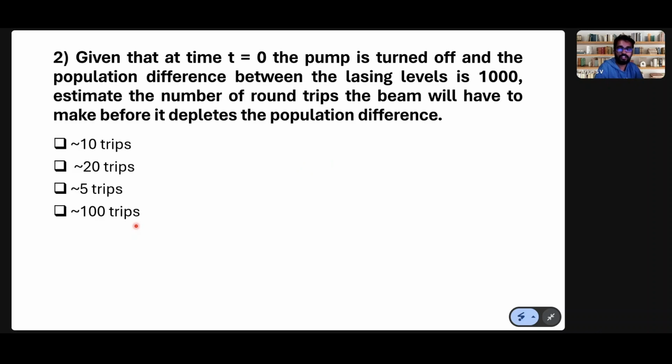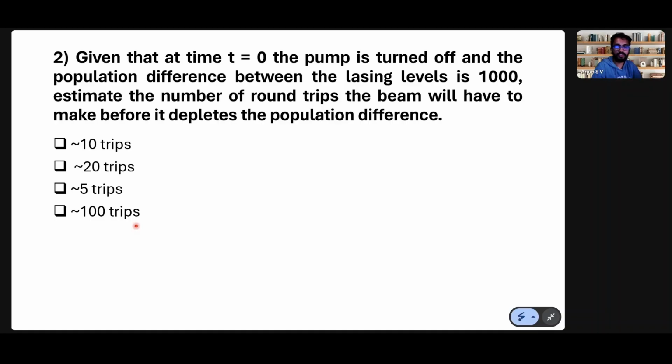So given at a time t0, t is equal to 0, the pump is turned off and the population difference between the lasing levels is 1000. Estimate the number of round trips the beam will have to make before it depletes the population difference. So they're saying that time is equal to 0, the population difference is 1000.